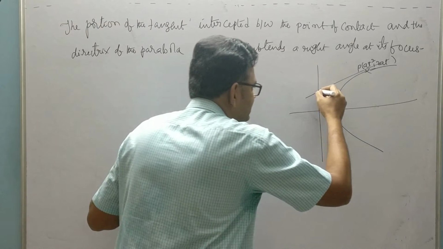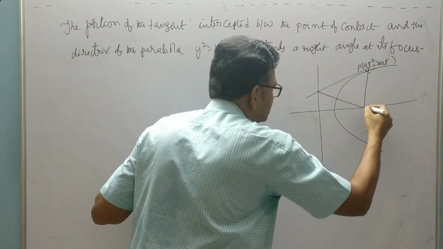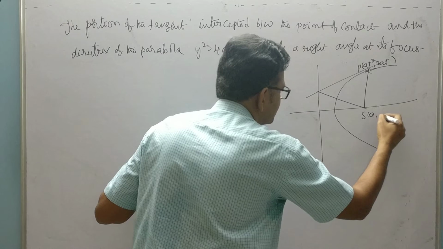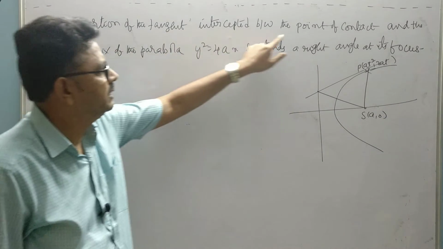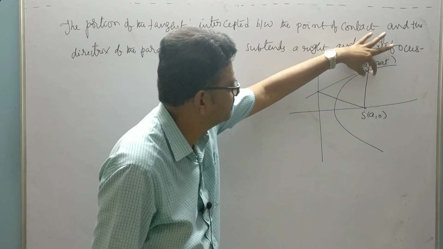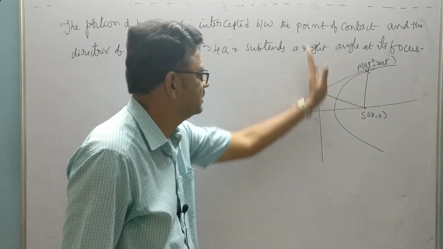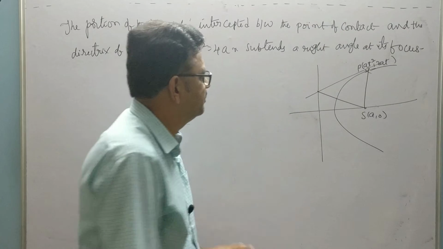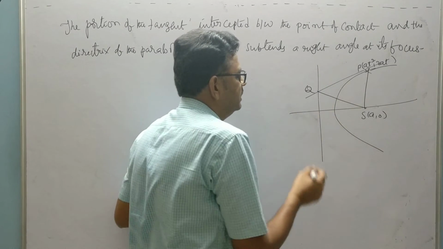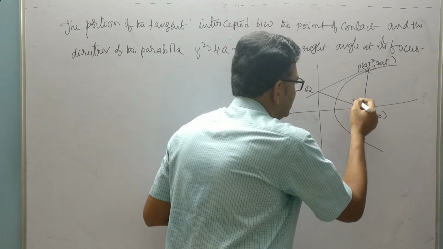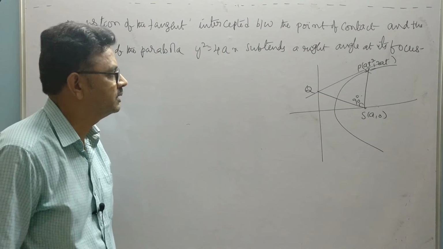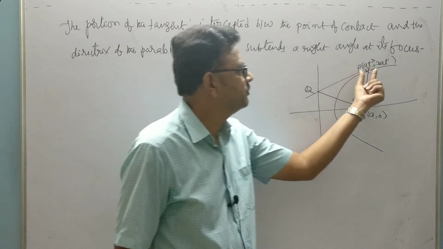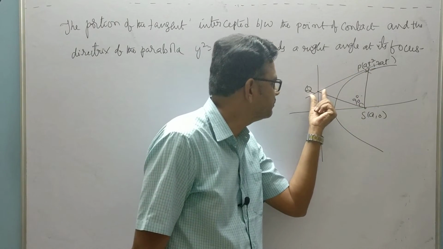This subtends a right angle at the focus of the parabola. Call this point Q. This PQ subtends a right angle at its focus. Now you know the coordinates of P. Now we have to find the coordinates of Q.